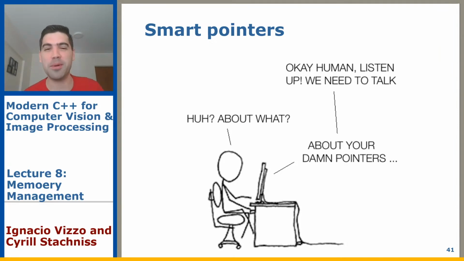Instead of smart pointer, I would put something like managed pointer, because it's not really smart, right? It's the same as a vector. A vector underneath, if you open the std::vector implementation, is an array with some other functionality. And we didn't call it a smart vector or smart array.